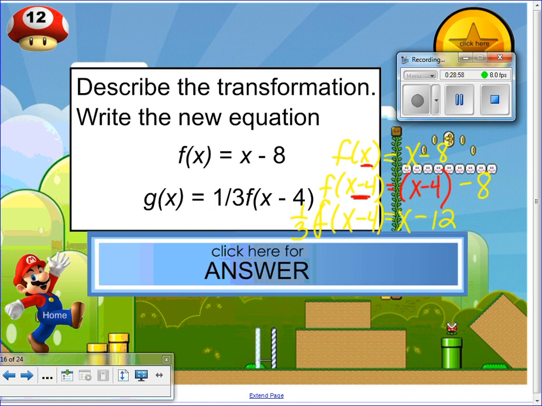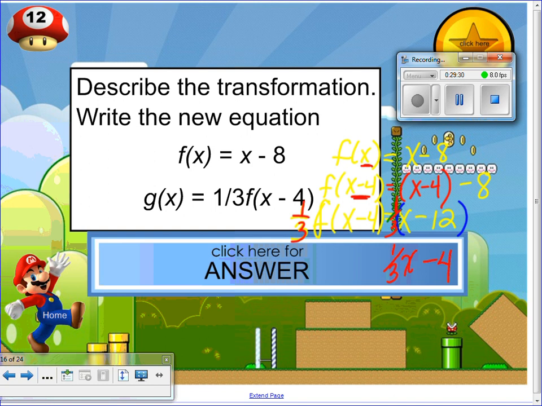So to take 1/3 of that, we multiply this entire thing by 1/3. We had x minus 12, but we're not done yet. We need to do 1/3 times x and 1/3 times 12. What that's going to give us is 1/3 x minus 4. So that would be our new equation.